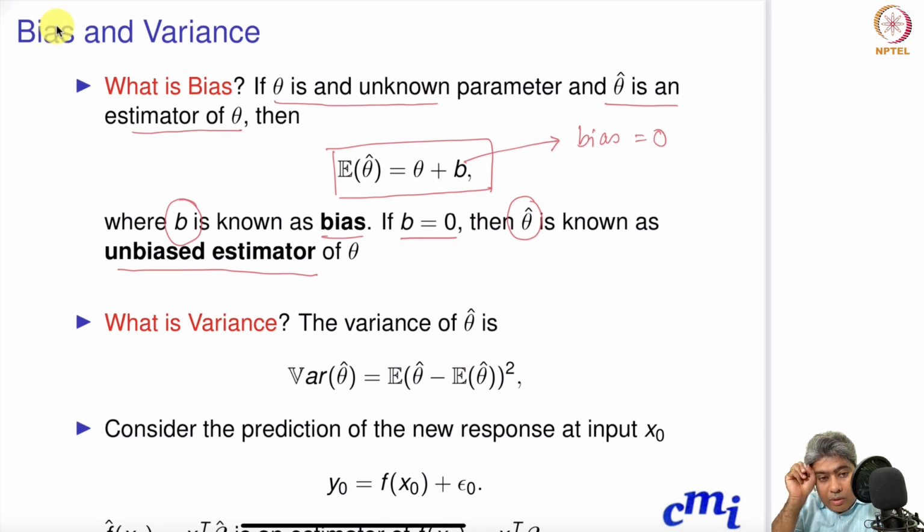Now what is variance? The variance of theta hat is the expected value of theta hat minus the expected value of theta hat, whole squared. So this is typically the definition of bias of an estimator and variance of an estimator that you will see in statistics.